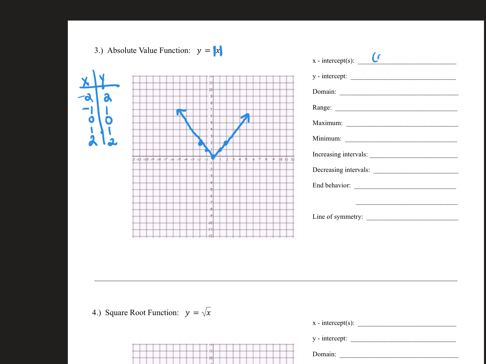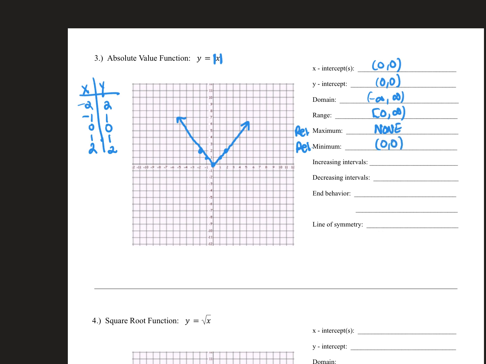And for x-intercept, we have 0, 0, y-intercept 0, 0. Domain is going to be -infinity to infinity. Range is 0 to infinity. Relative max, none. Relative min, there is a point where the graph changes from decreasing to increasing. That's at 0, 0.